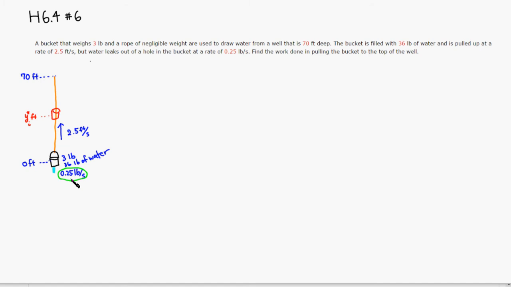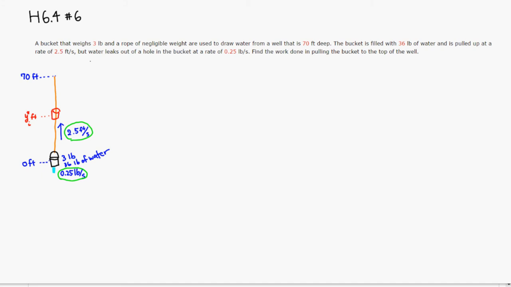It decreases at the rate of 0.25 pounds per second, but we want to know how much water is going to be lost per foot as you go up, so we can combine these two pieces of information together.